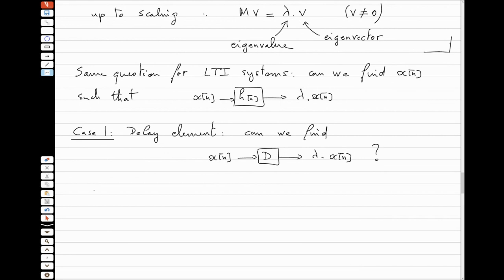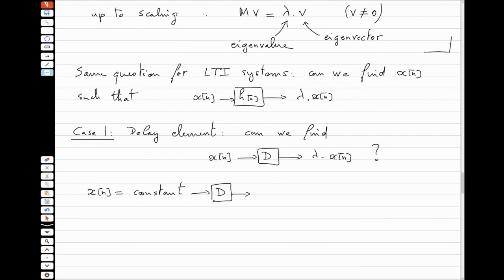Take x of n equals constant. If you delay it, what do you find? Yeah, but how much is it compared to x of n?